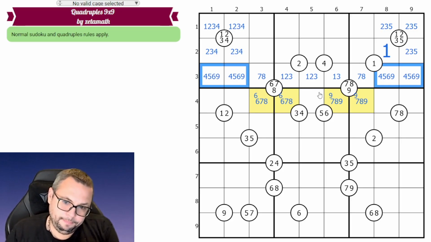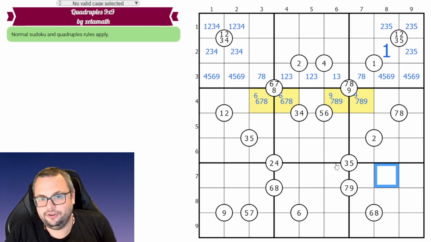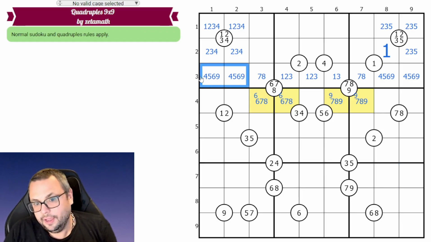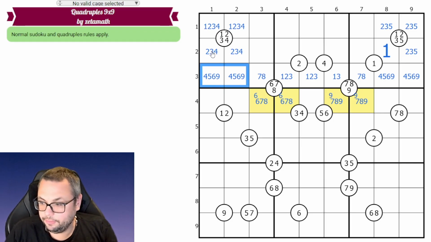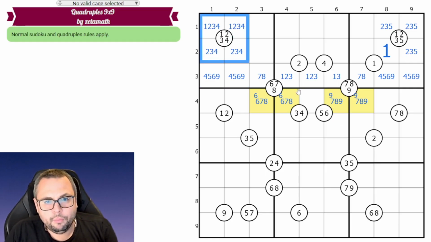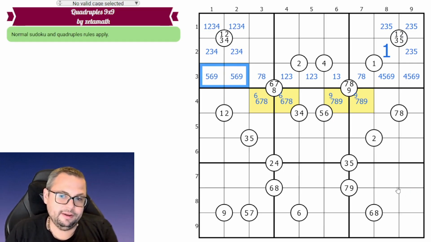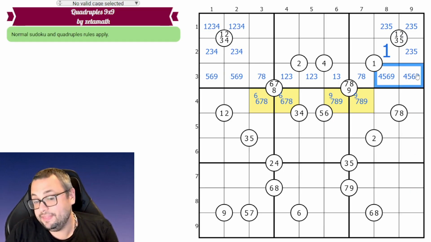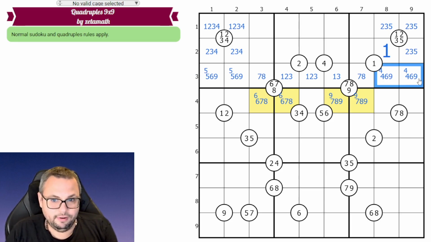Now, one of the tricky things in quadruples puzzles is scanning, because you have to pay attention and notice things, one of which you might have noticed as I was explaining all of that before, but I'll start with another one so you can still be typing your comment about how I haven't seen it yet, which is, we know the 4 in this box is up here, so these can't be a 4. We know the 5 in this box is up here, so these can't be a 5. And so you can actually corner mark. There's a 5 here and a 4 over here in the same way.